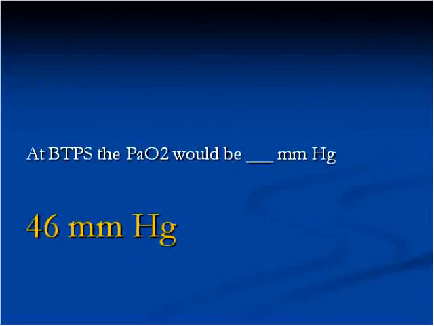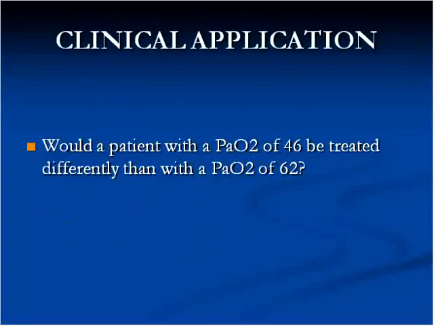Because when we temperature correct blood gases, we just assume that the pressure is higher due to the increased temperature effect. We do not consider the fact that this patient was febrile and probably needed more oxygen than the patient who is at 37 degrees centigrade. Again, I think we would treat the patient with a PO2 of 46 a little differently than we might treat a patient with a PO2 of 62.